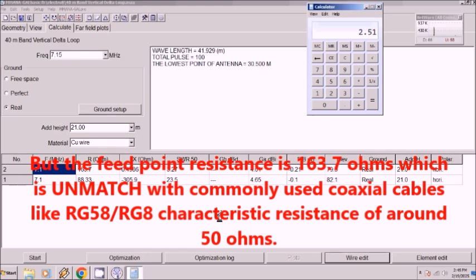We are going to design, install and use what is called an impedance transformer.